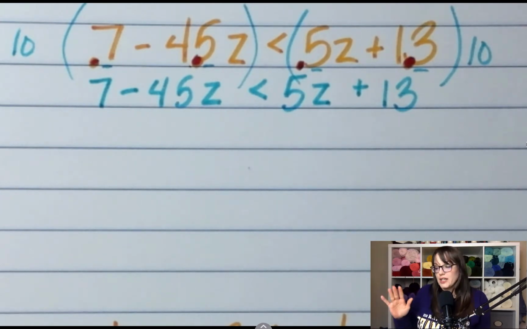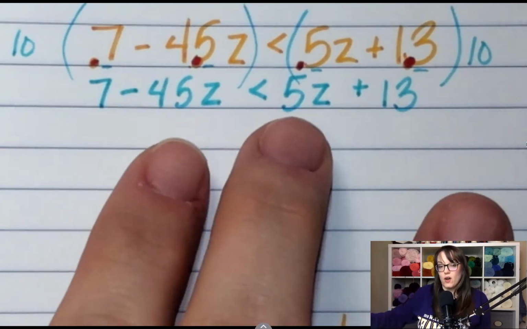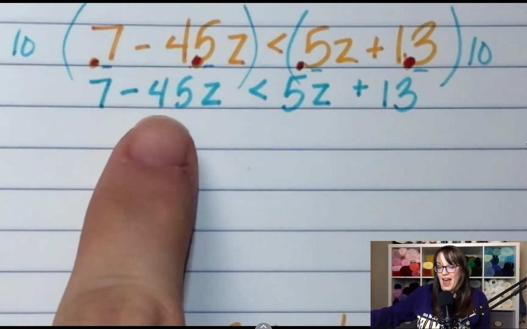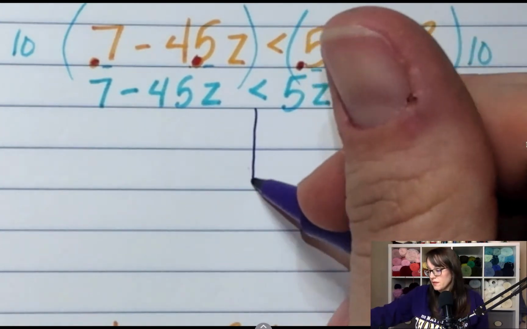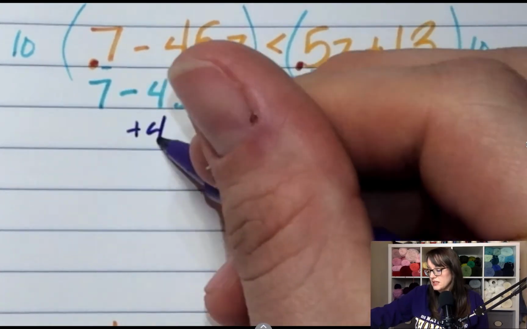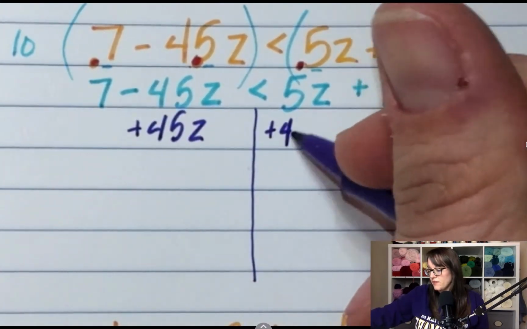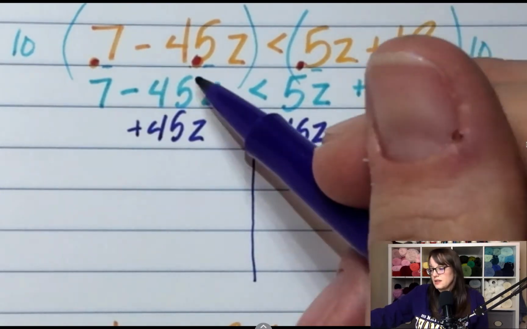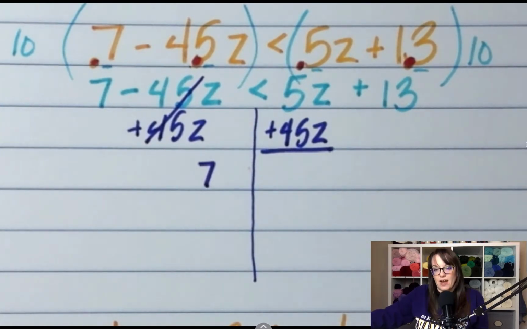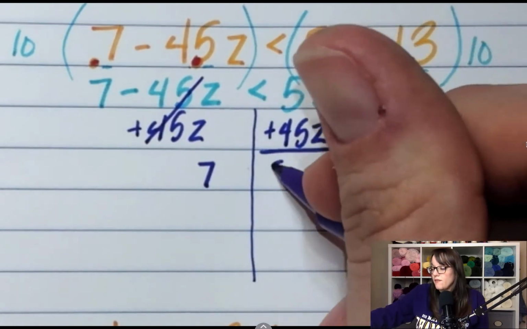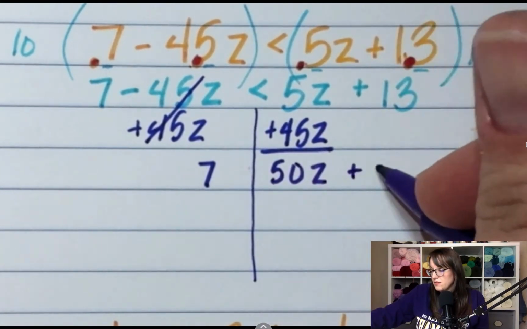Now it just looks like an inequality with variables on both sides. So the first thing I want to look at is eliminating or canceling out my variables. I can either add 45 z's or subtract 5 z's. And since my goal is a positive variable, I'm going to add 45 z's. So plus 45 z's here and plus 45 z's there. This is canceled. I'm left with 7. And 5 z's plus 45 z's equals 50 z's plus 13.